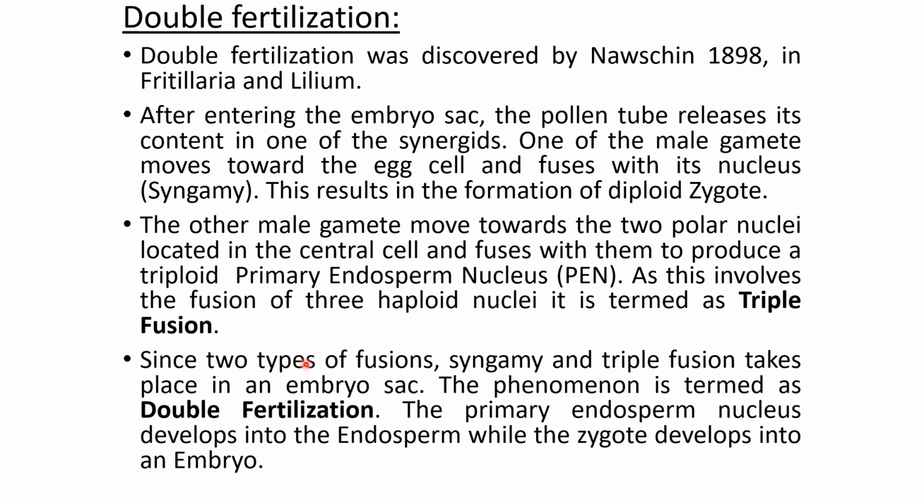Since two types of fusions, syngamy and triple fusion, take place in an embryo sac, the phenomenon is termed double fertilization. The primary endosperm nucleus develops into the endosperm, which is nutritive tissue and provides nourishment to the developing embryo, while the zygote develops into the embryo.